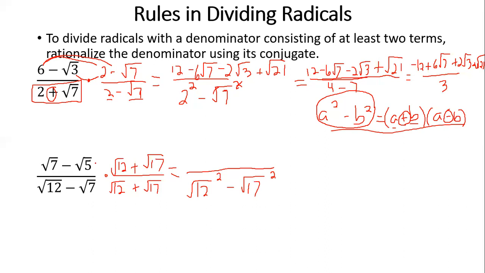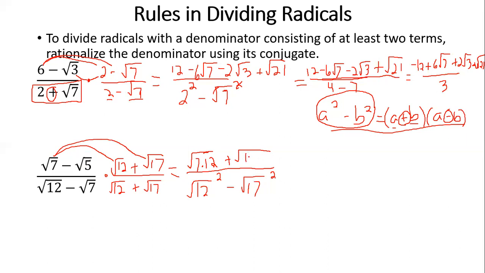Dito po sa taas, FOIL method. So 7 times 12. Okay, 7 times 12. Minus, or plus pala. Ayan. Multiply. Square root of 7 times 17. That is equivalent to 70 plus 49.